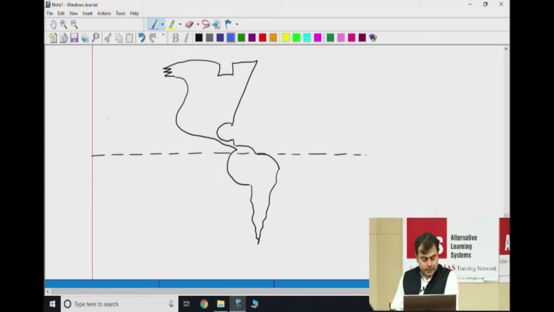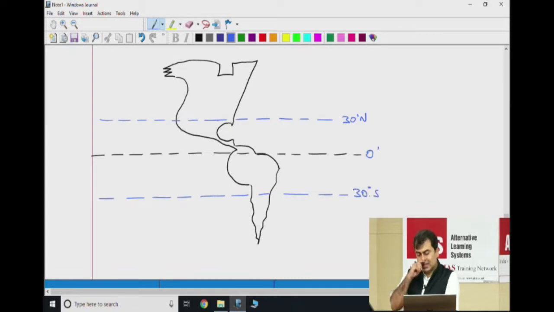This line is 30 degrees north. Almost at the same distance in the southern hemisphere, I have 30 degrees south. This is where I have 60 degree north. This is where I have 60 degree south.